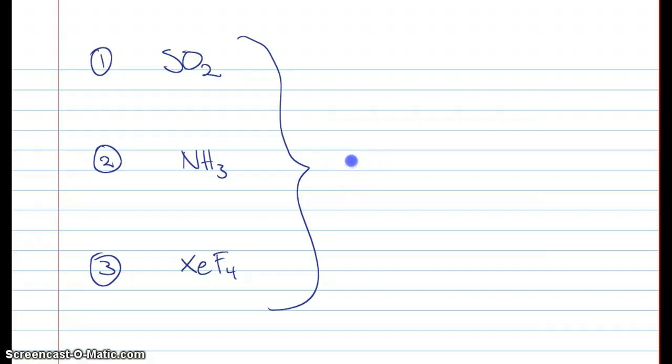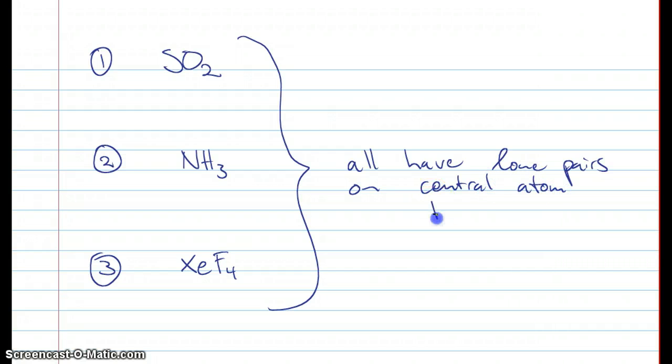In each case, you'll find that all have lone pairs on the central atom. That means that the molecular shape is a derivative of the electron cloud geometry.